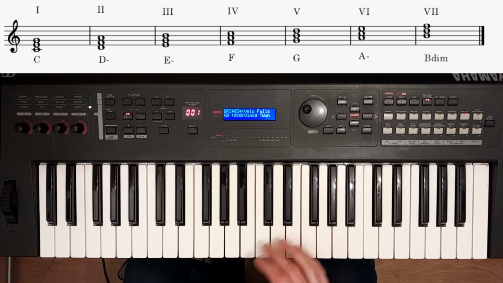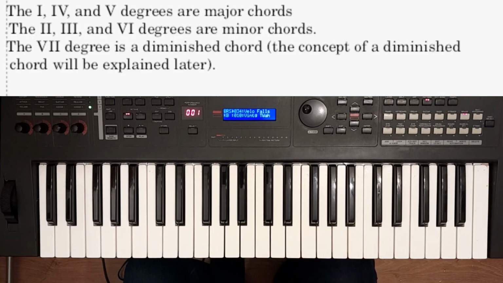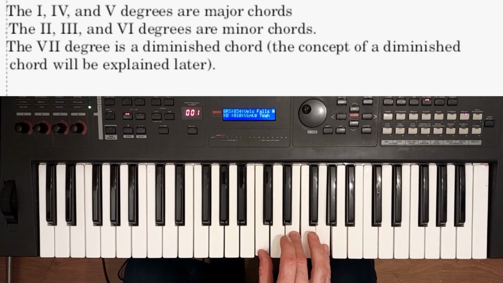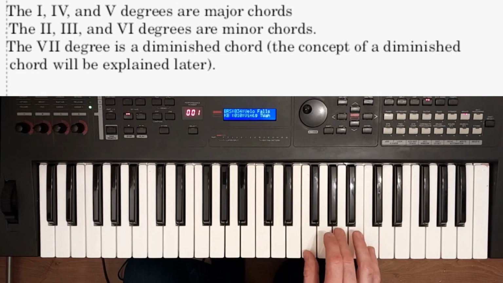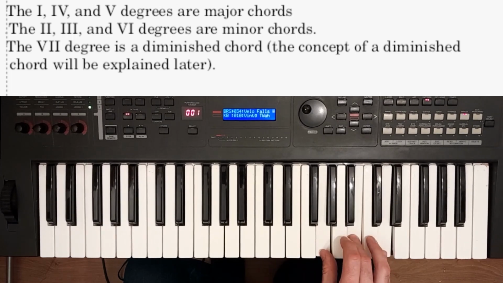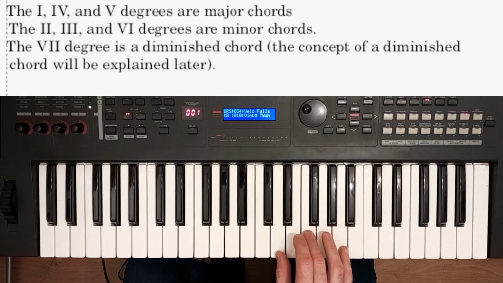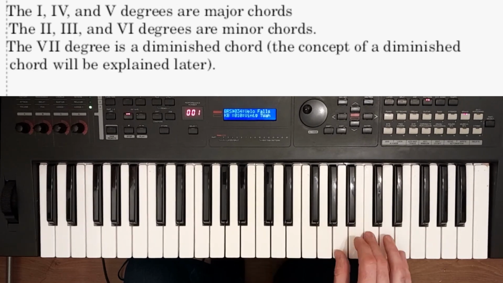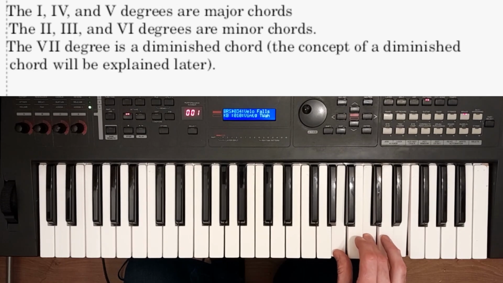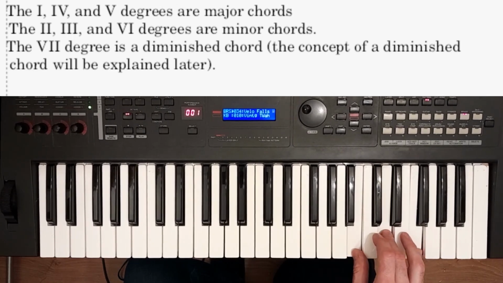Now we can do a sort of summary or a list of the chords that we have obtained. We can say that C major, F major and G major are major chords. Then D, E and A are minor chords and B is diminished.